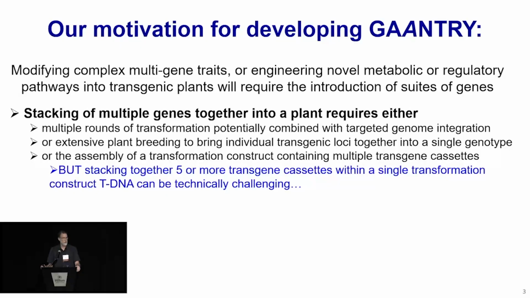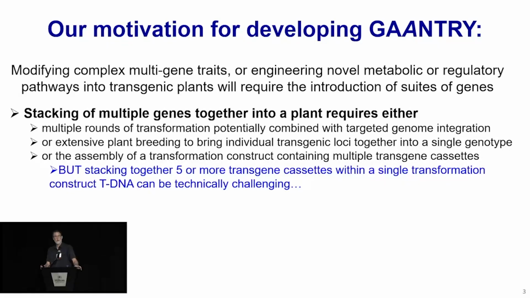You could do it in different ways. You could build simple constructs and use multiple rounds of transformation to introduce them one at a time into the transgenic plant sequentially. Or you could breed multiple transgenic plants together to bring the traits all together into one plant. But we thought the more efficient way is to use an assembly process and transfer a single stack construct into the plant all at once.